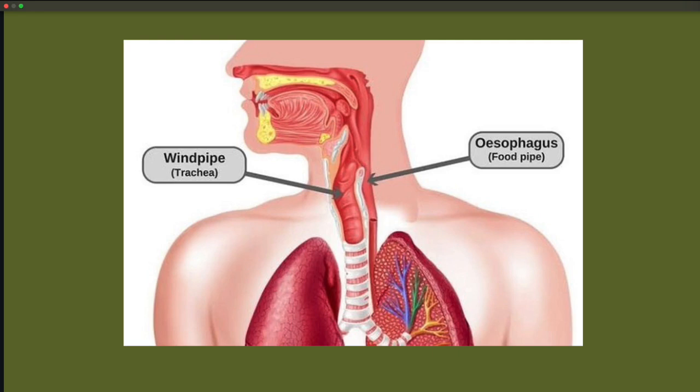This will help us to understand how our body keeps these two essential functions, breathing and eating, separate and efficient. It's a clever design that ensures we can breathe, talk, and eat without getting things mixed up.